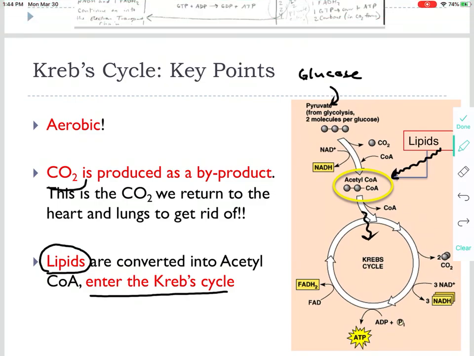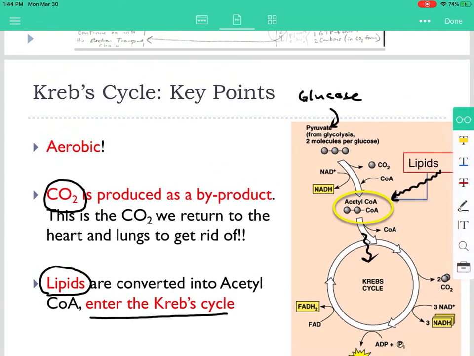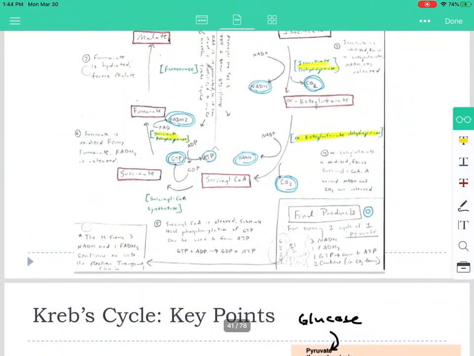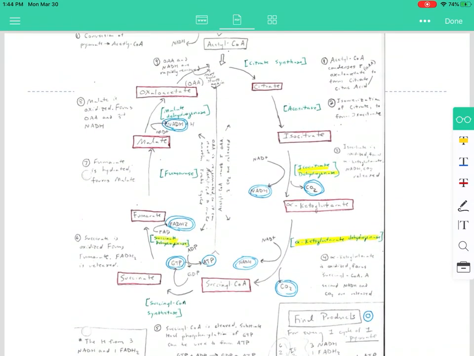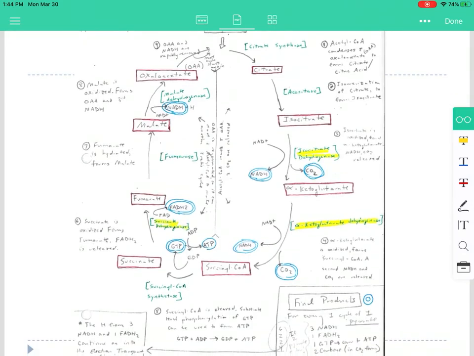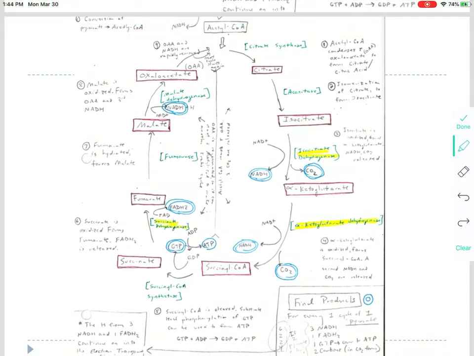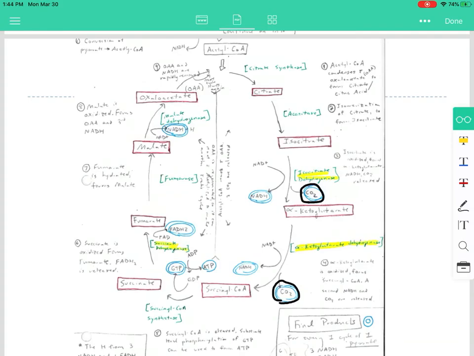Something else I want to point out about the Krebs cycle is that we can see here where so much of that CO2 is produced as a byproduct. If I go back up to my crappy pencil drawings, we're going to notice these byproducts in blue, and we can see here we kick off CO2 here.